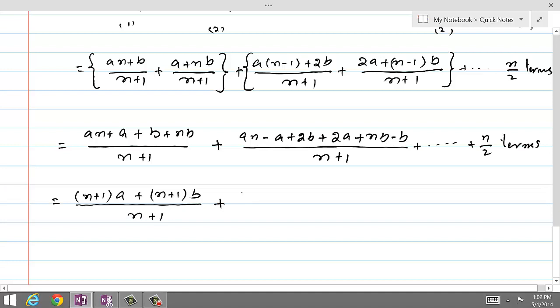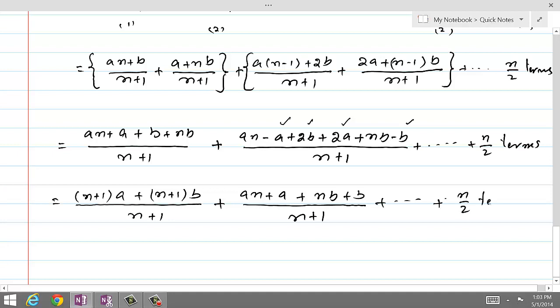And similarly, the plus 2a and minus a will combine to give us plus a, so an plus a, and similarly nb, and plus 2b and minus b will give us plus b again, divided by n plus 1, plus n by 2 terms.